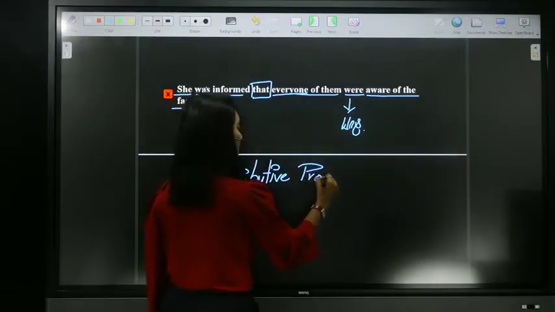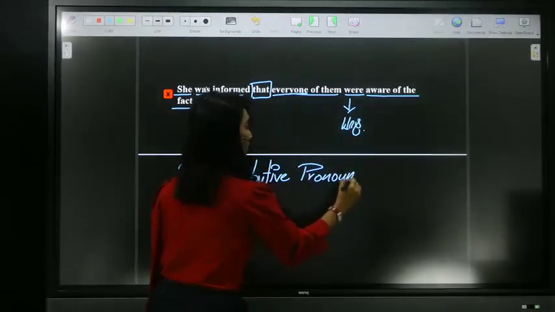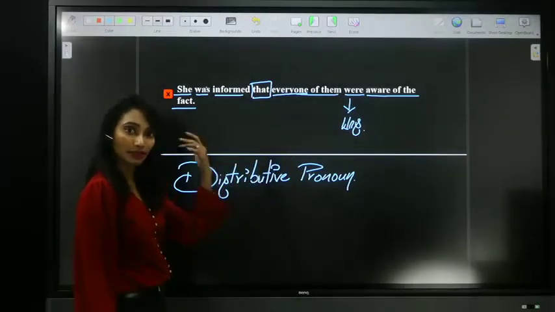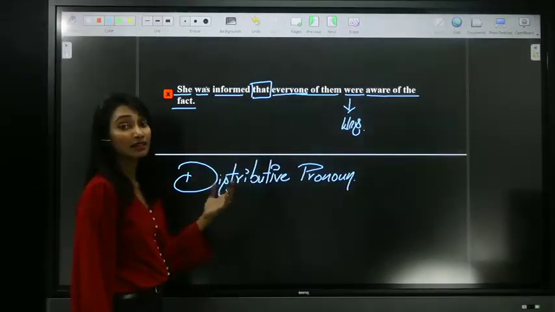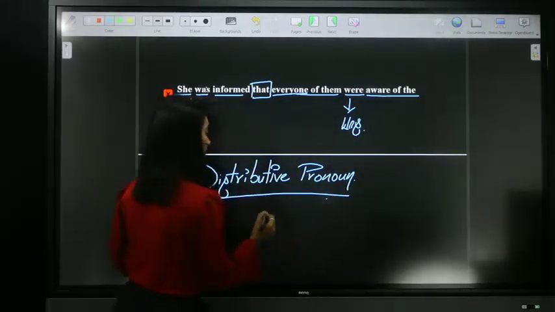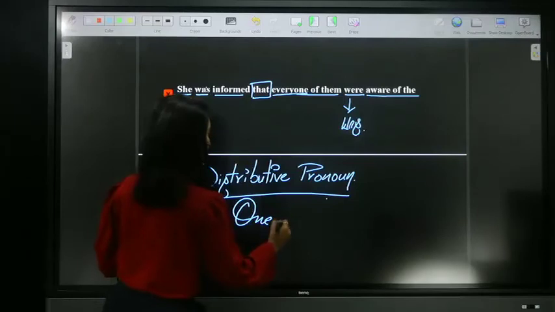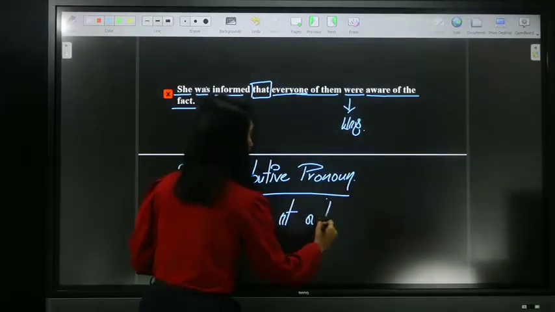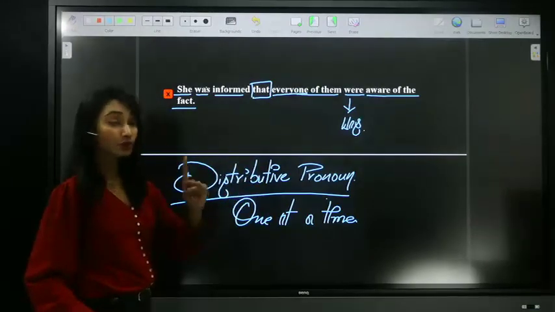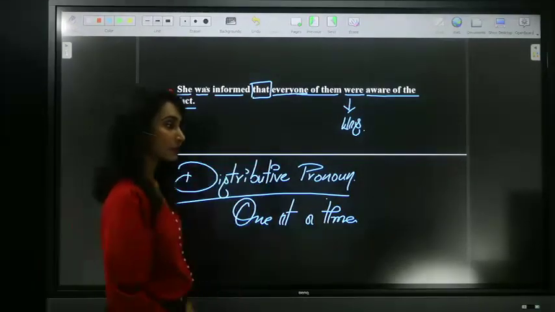We are facing questions in different ways: once in verb part, once in the pronoun usage, once in the number. So distributive pronouns indicate one at a time, right? So use only singular verb. Now let's see the next.